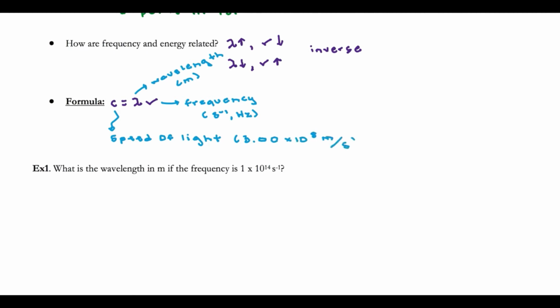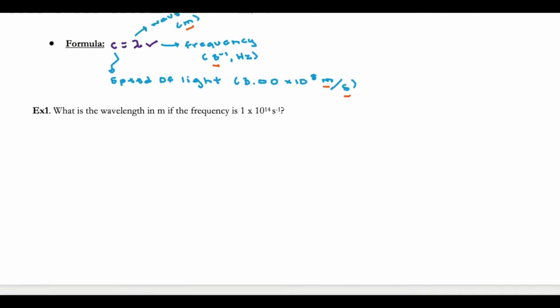This is really important to note. When I'm using this formula, since my units for the speed of light are meters per second, my units for wavelength have to be in meters and frequency in seconds to the -1 or hertz. If they're not, you first have to convert into meters or seconds to the -1 before you can use this formula. Okay, so let's actually do some practice problems.